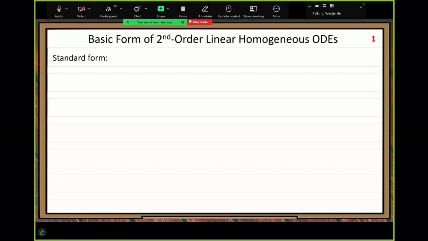The standard form of a second order linear homogeneous ODE. So we consider this standard form. Although you will see some more general forms, similar to our first order ODEs, for most of the equations of the more general form we cannot find the solutions.